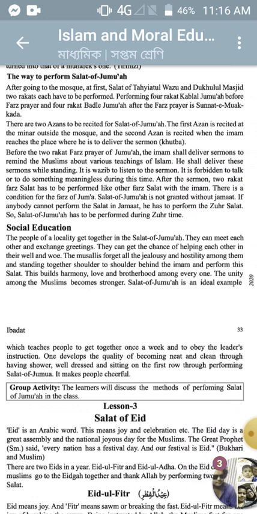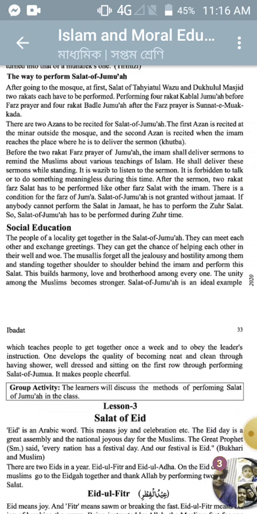There are two azans to be recited for Salat of Juma. The first azan is recited at the minaret outside the mosque, and the second azan is recited when the Imam reaches the place where he is to deliver the sermon, that means khutbah.